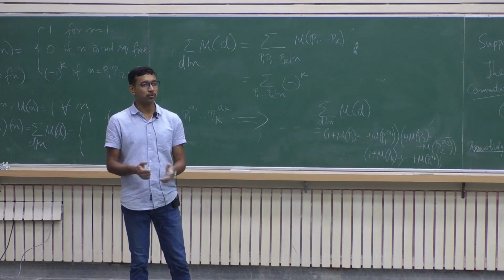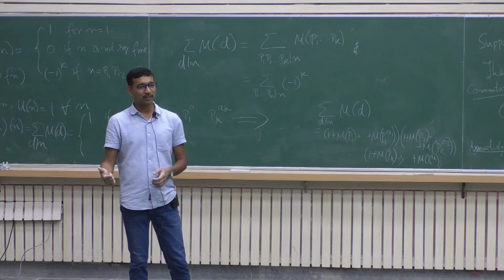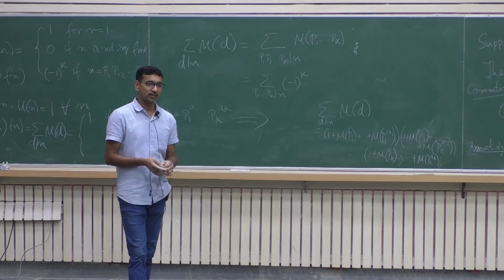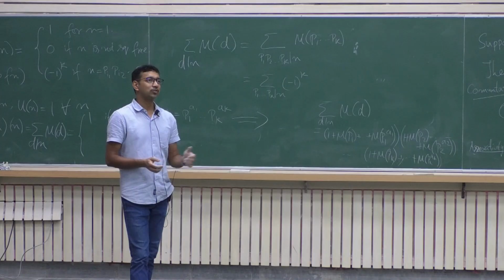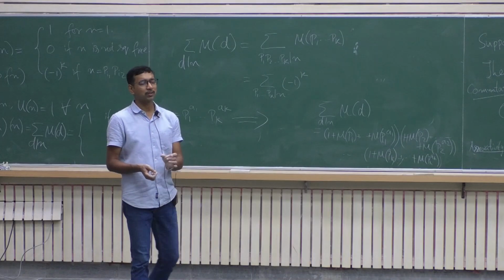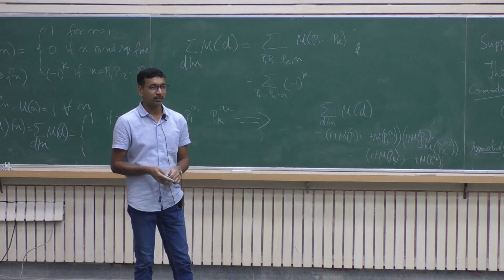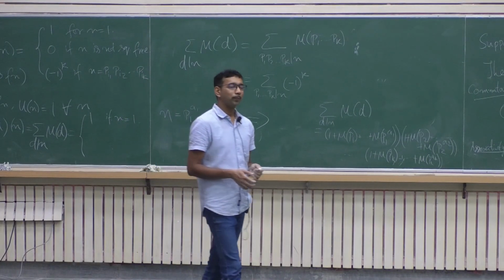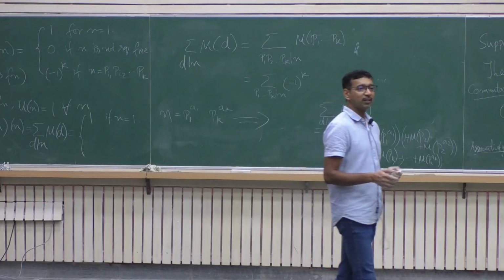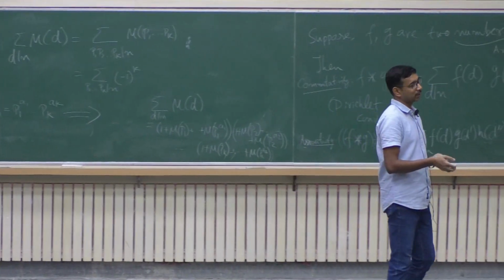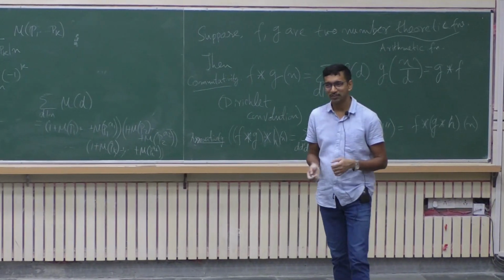If you don't choose any, that gives you 1, and for everything else you get those many primes. So you have 2 power k choices, and for each of these choices it's just minus 1 to the power of the number of primes. Right? You can use the binomial theorem: 1 minus 1 to the power k.